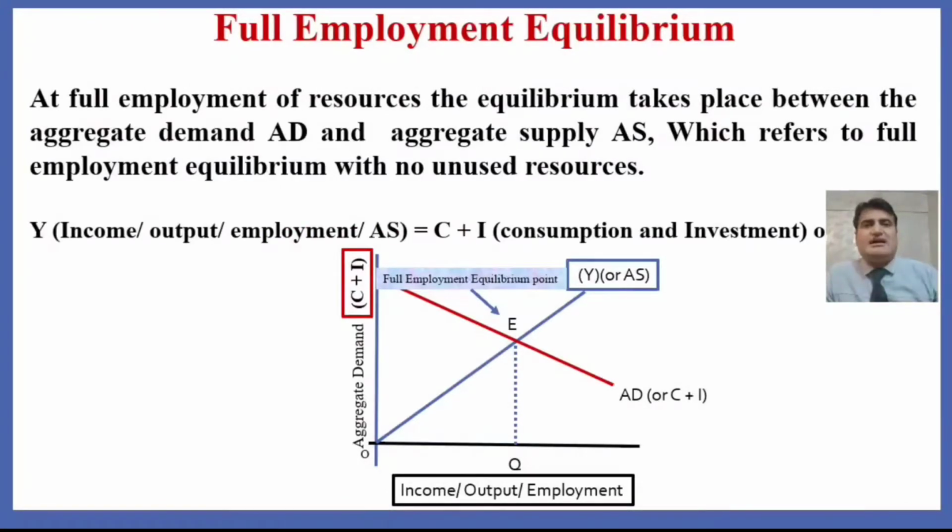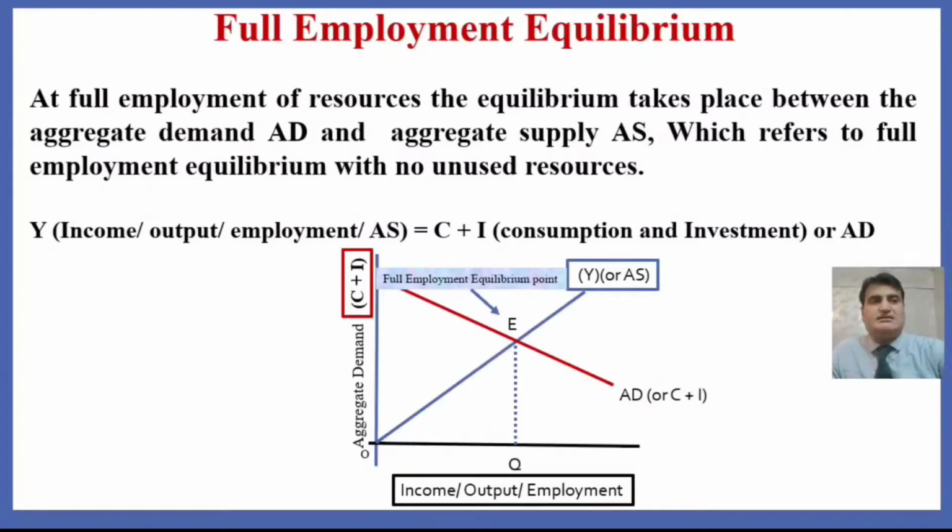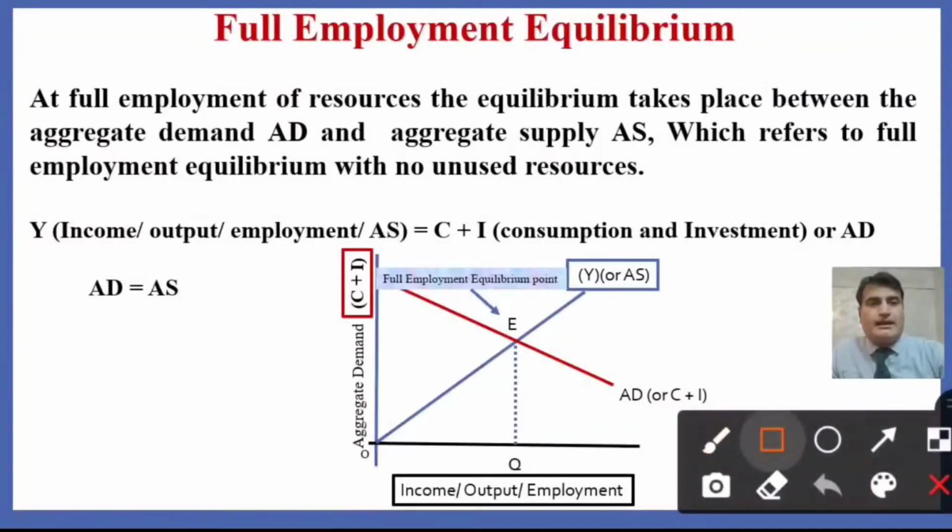Y is income, output, employment, or aggregate supply. The income is equal to consumption plus investment. Consumption and investment is also aggregate demand. So when the economy is said to achieve the full employment, it means the aggregate demand and aggregate supply are equal.